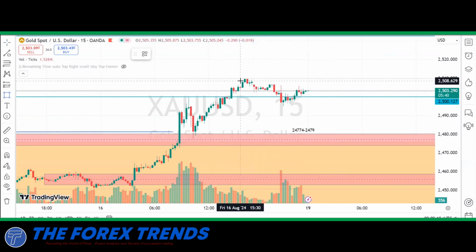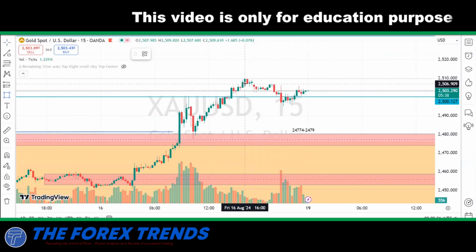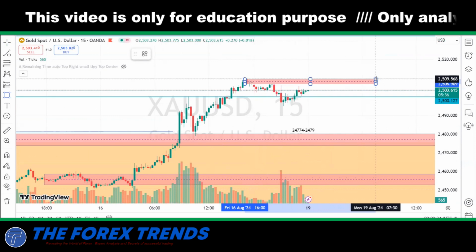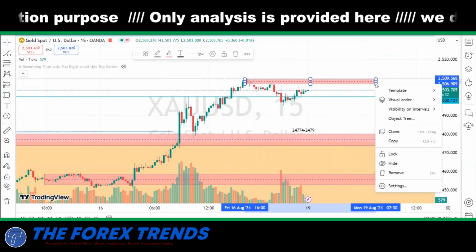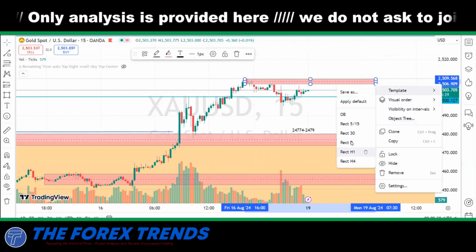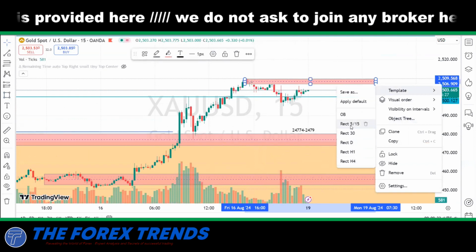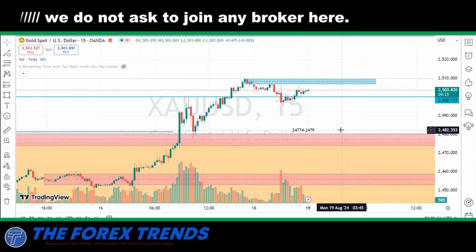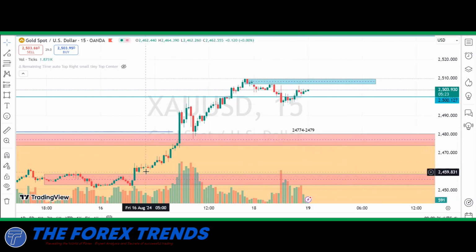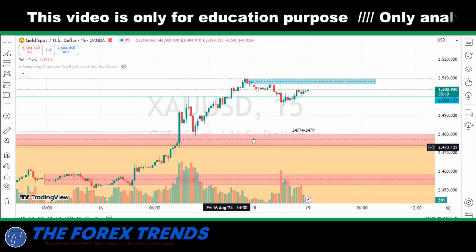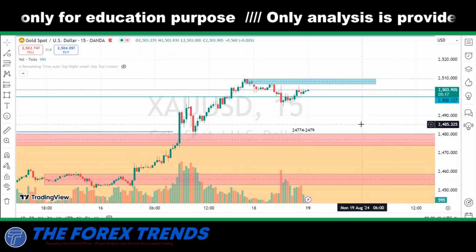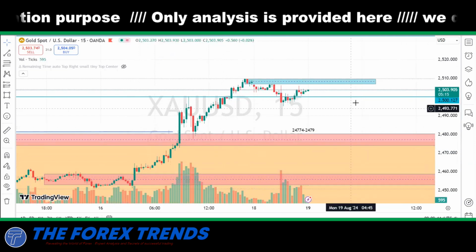Okay. You can initiate a sell from this zone for small profit, as per the 15-minute structure. But mind one thing, selling is very risky in gold now, because gold is clearly bullish and on very bullish momentum.